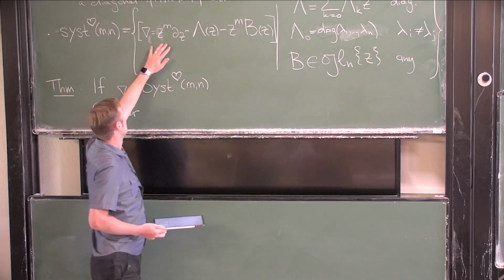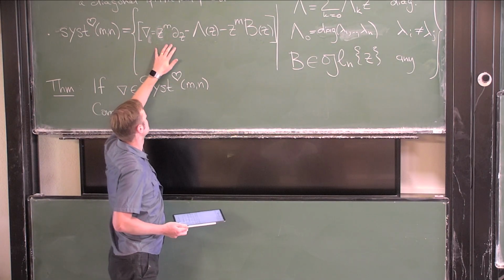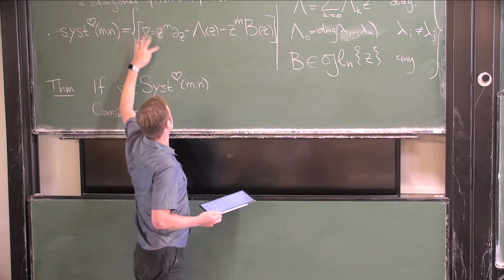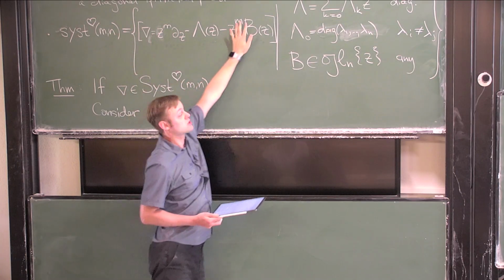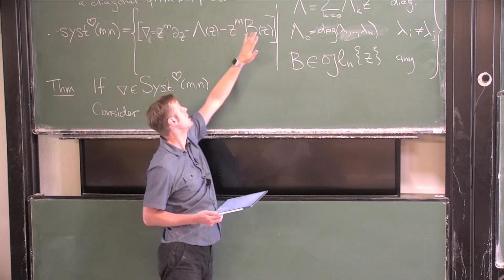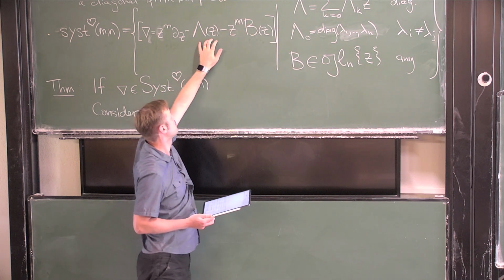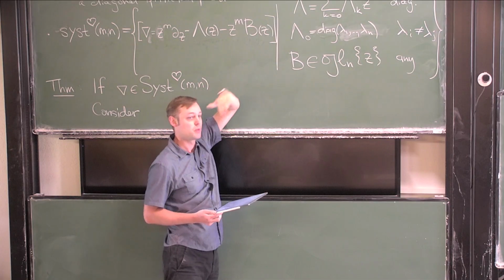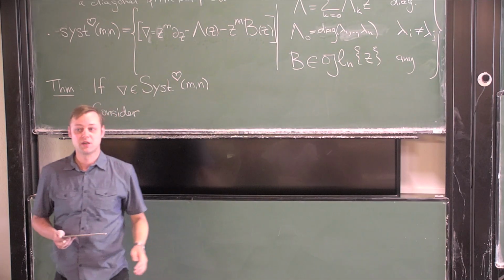The naive, obvious candidate for a normal form here is just this principal part, and then try to kill everything else. That's what we had for n equal to 1 as well. We were able to get the principal part, and everything that followed the principal part, we were able to kill using gauge transformation.